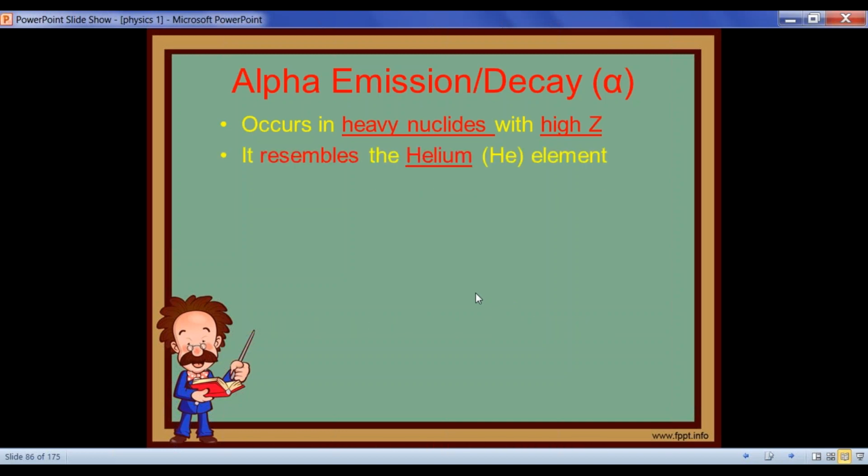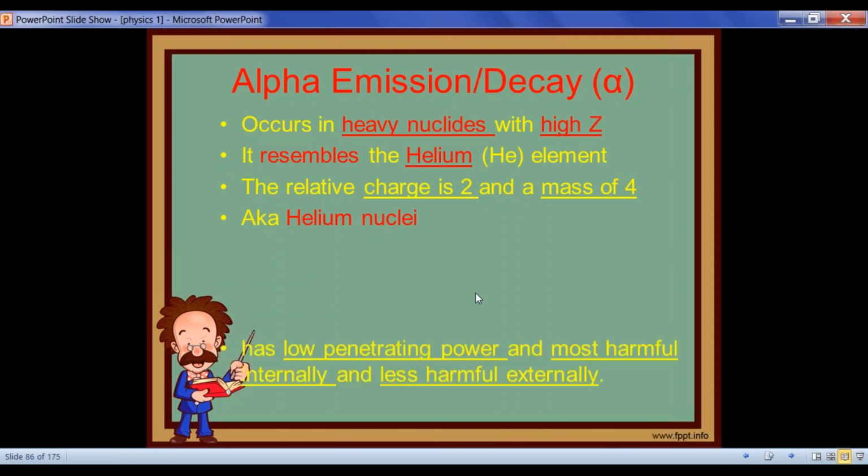So it resembles the helium element because the relative charge of alpha is 2 and the mass is 4. Just like our helium, the charge or the atomic number of helium is 2 and the mass of helium is 4. So sometimes alpha particles are also referred to as the helium nuclei.